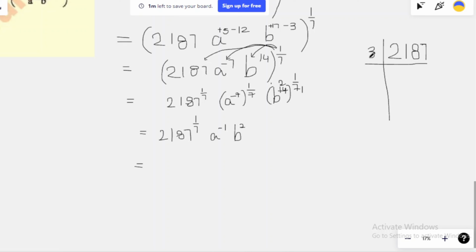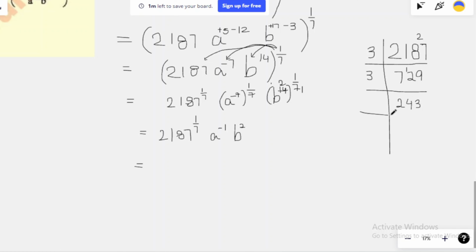So 3 7 times is 21, and then 3 2 times is 6. Then 2 will be taken as a carry, and 3 9 times is 27. Then 3 2 times is 6, and the remainder will be 1, which will be taken as a carry over to the next number. So 3 4 times is 12, and 3 3 times is 9.